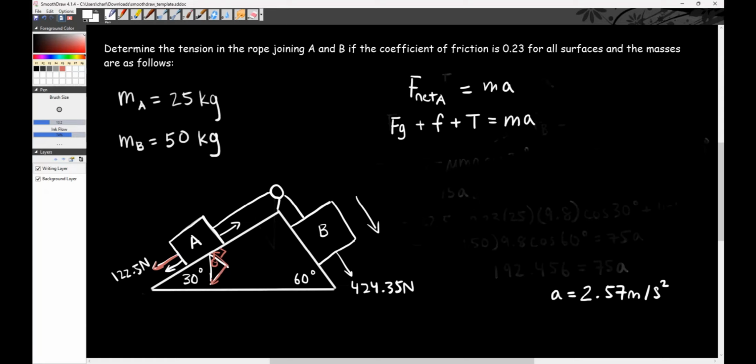So we already got 122.5, which is negative since it's opposite the direction of motion. And friction, which is mu, which is 0.23, times m, which is 25, g, and it's going to be cos, since we're finding the normal force, it's this over here.